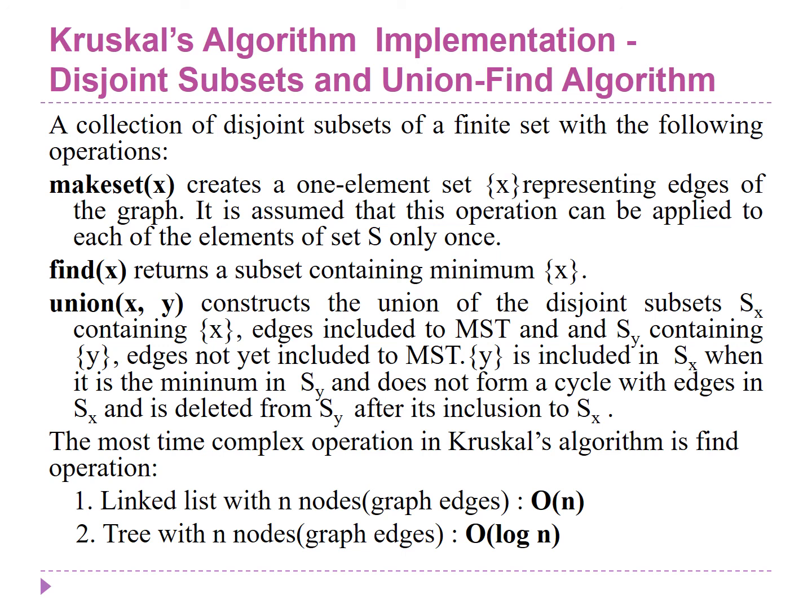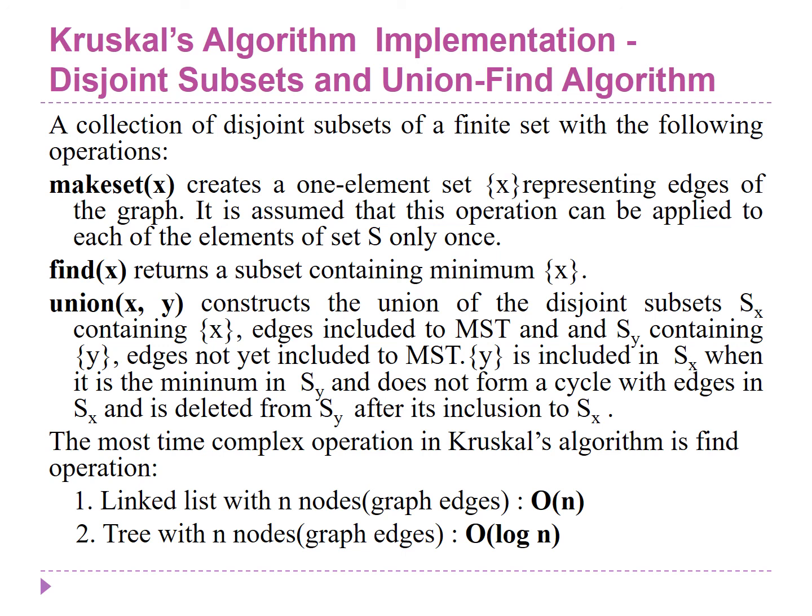When an edge from Sy is minimum, and when it does not form a cycle with the edges included in Sx, then after its inclusion in the subset Sx, it is excluded from the subset Sy.